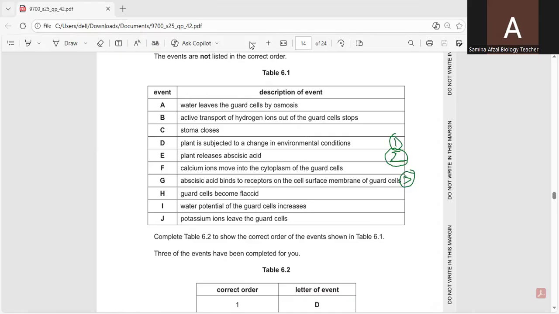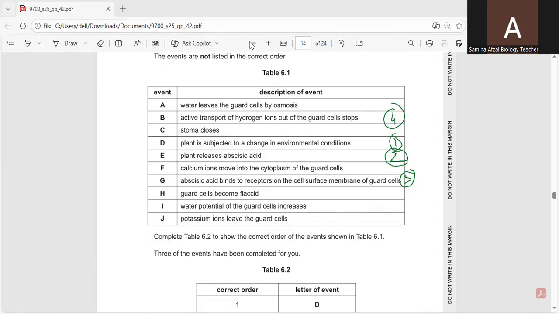And then after number 3, we will reach number 4, which is active transport of hydrogen ions out of the guard cells stops, because at this time the abscisic acid binds to receptors on the cell surface membrane of the guard cells.